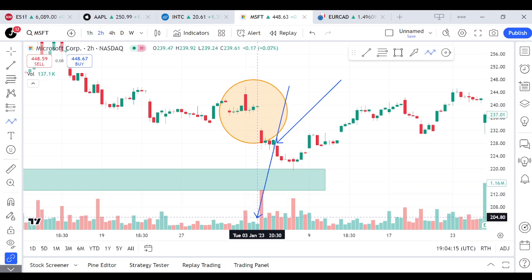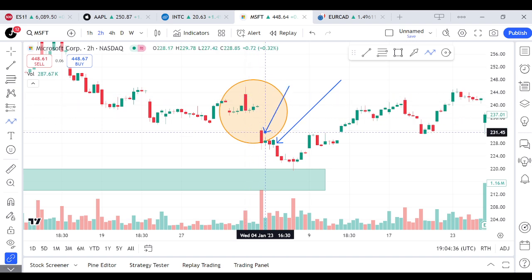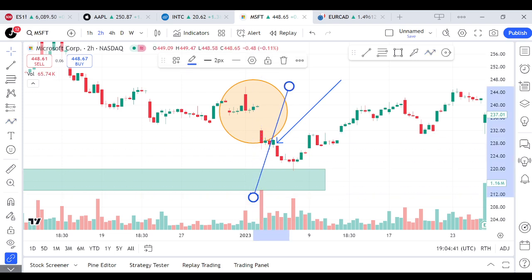See those three little volume bars shows that buying pressure around this area is relatively small compared to the two selling volume bars beside it, which just corresponds with this bearish candle and this bearish candle. So volume plays a crucial role in this case, and it's essential you use the volume to confirm your trades.